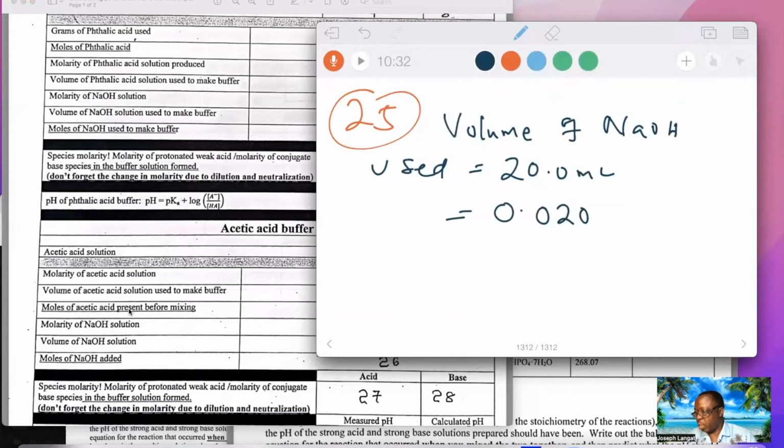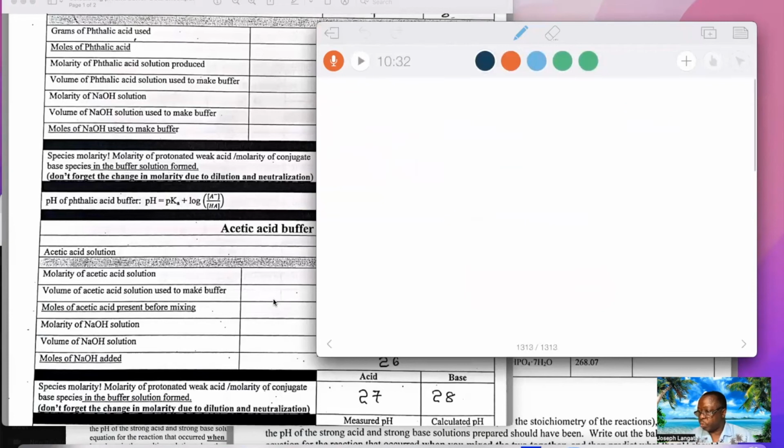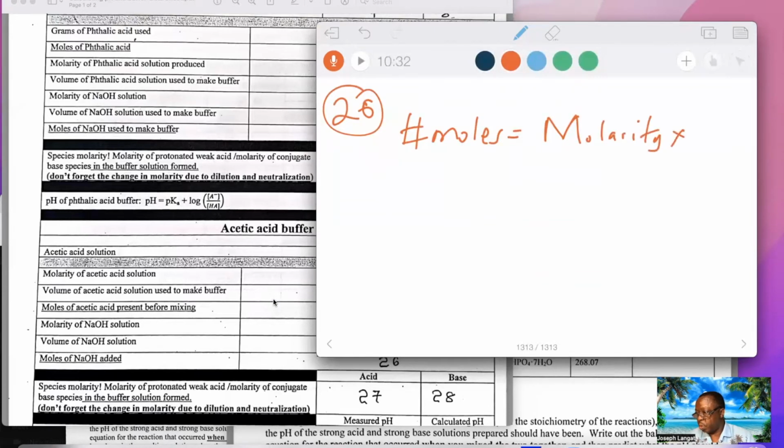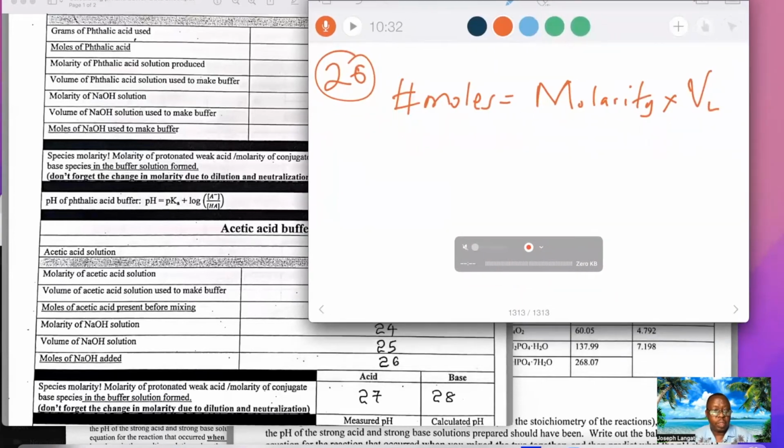You have to change to liters because we find the number of moles here. We know the molarity and the volume, and this gives the number of moles, number 26. The number of moles is given by molarity times volume in liters. Molarity is line 24.